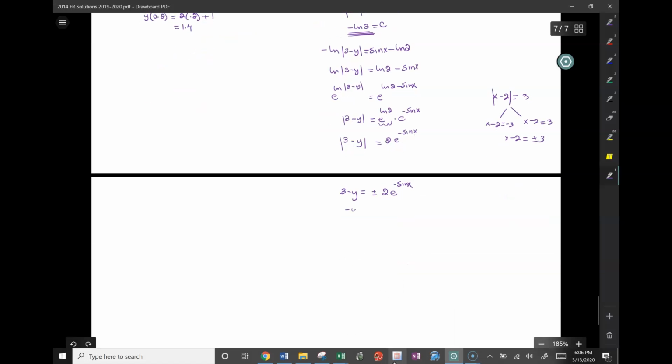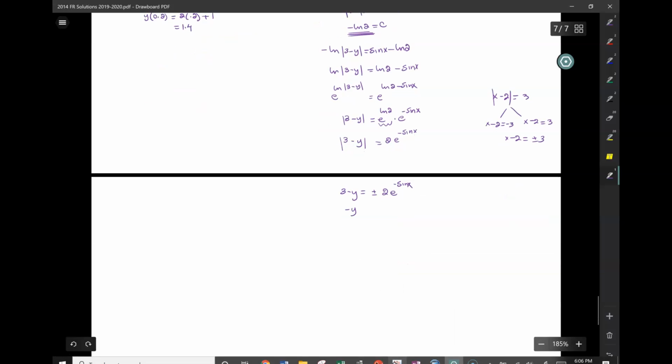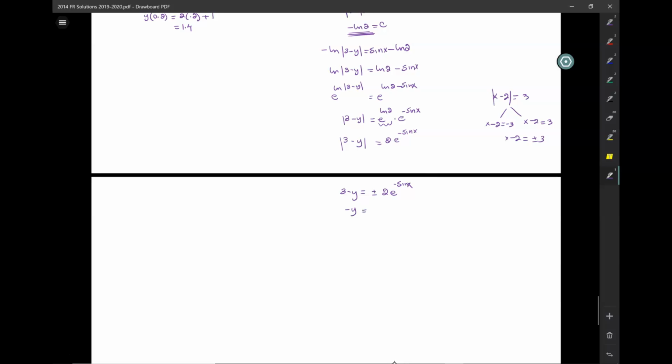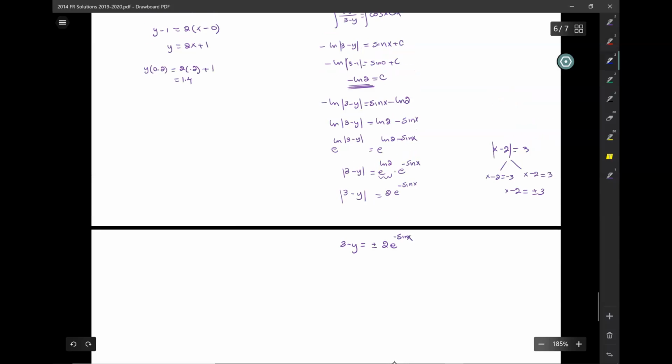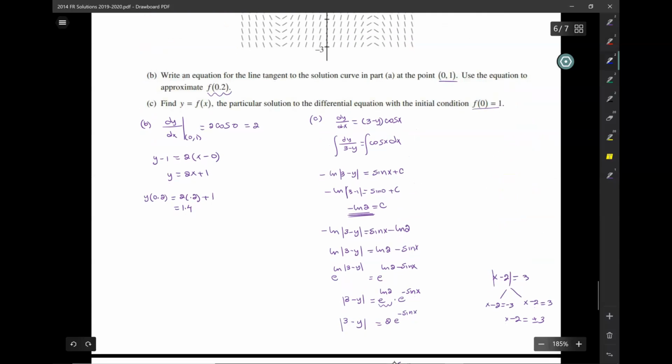All right. So negative y is equal to, oh, before I do that, I got distracted by these sirens. Okay. So now we can't have a plus or minus here, right? So let's go back to when this started. We know that f of 0 is equal to 1. So when x is 0, y is equal to 1.